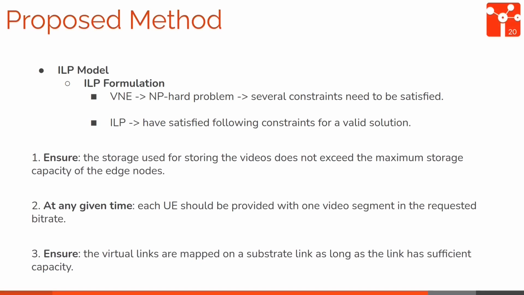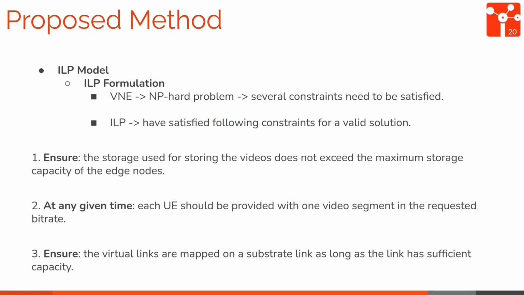We know the virtual network embedding problem is NP-hard and requires several constraints to be satisfied. The integer linear programming was formulated based on the virtual network embedding. The authors mention that they have satisfied the following constraints for a valid solution.